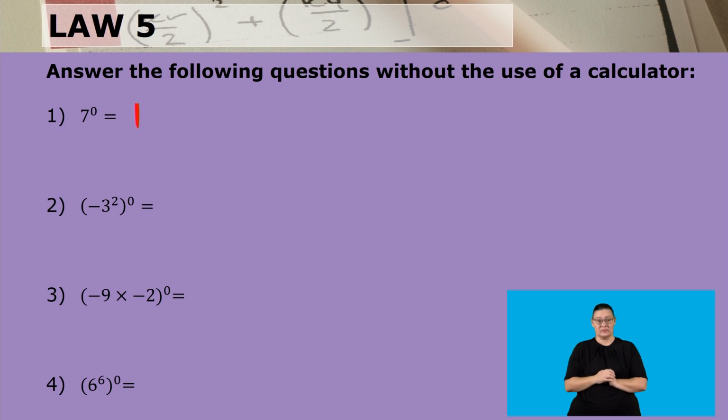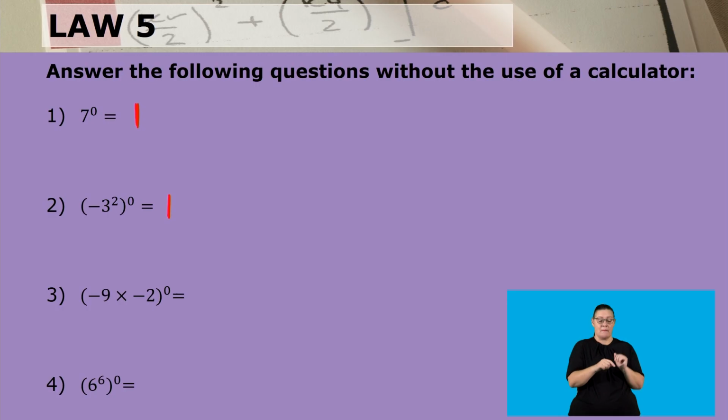Now this is a power raised to the exponent 0, but of course we know that that whole power will become 1. Why? Because anything raised to the exponent 0 will be a 1, just like we did in that previous example.